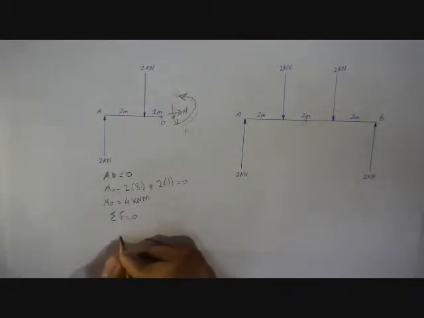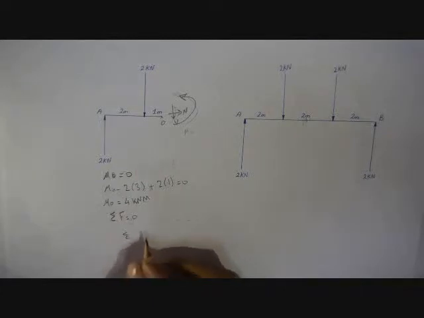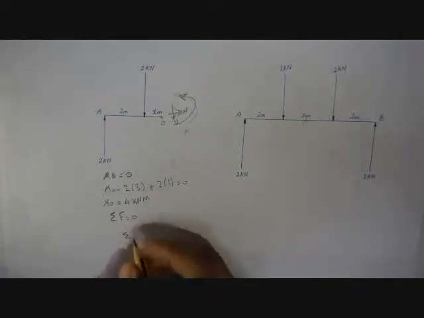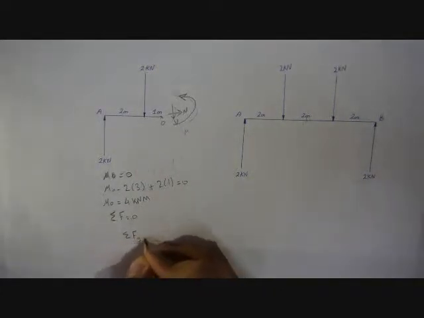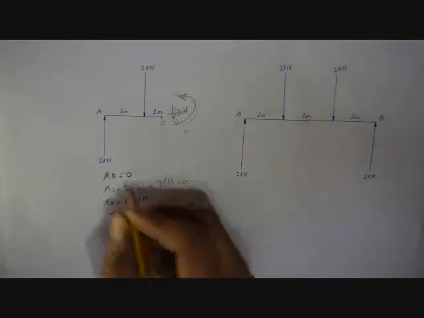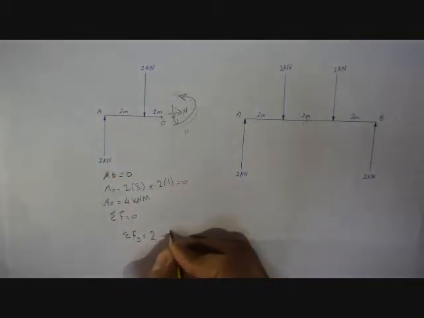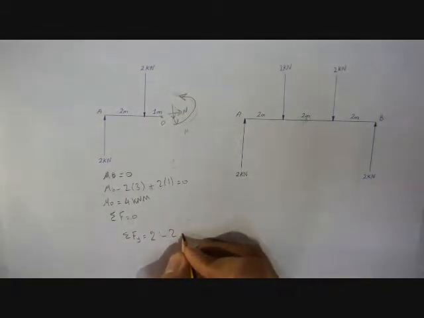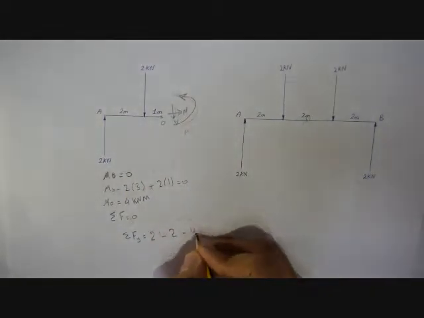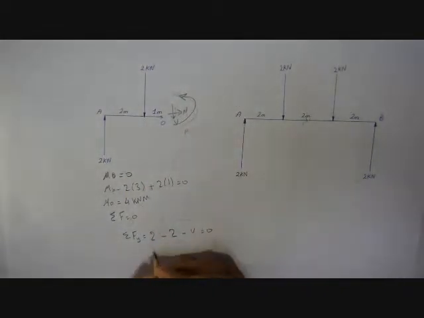The summation of forces in y direction will get us the V, to find the shear force. So summation of forces in y direction: 2 up minus 2 down minus V down equals 0. So V equals 0. Why V equals 0? We will see.